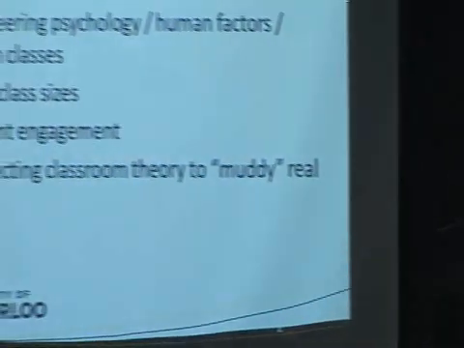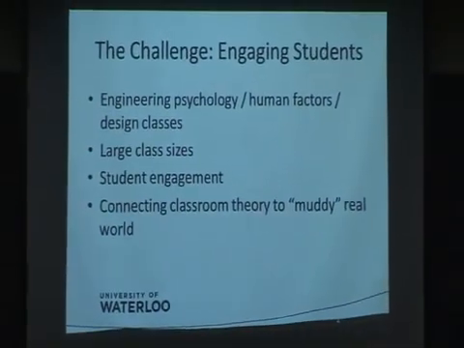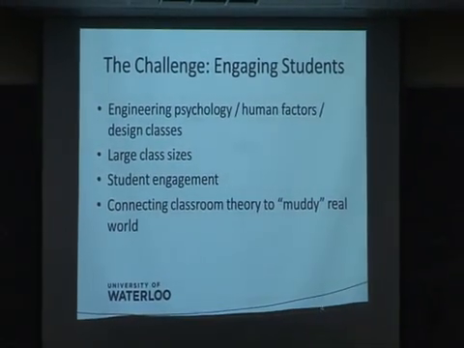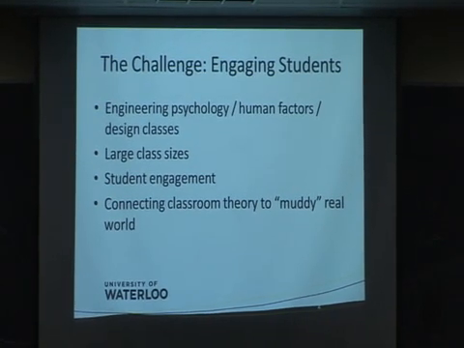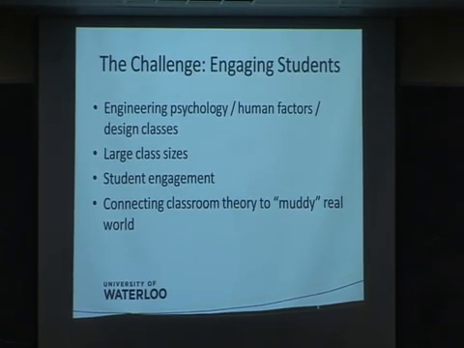So just to give you a bit of background on the course and what we were teaching and some of the challenges that we face as instructors, the course is on engineering psychology, human factors, and design. For those of you who aren't familiar with what any of those terms mean, we look at psychological factors, basically how you can design interactive computer systems.